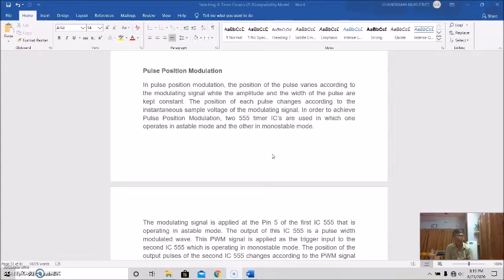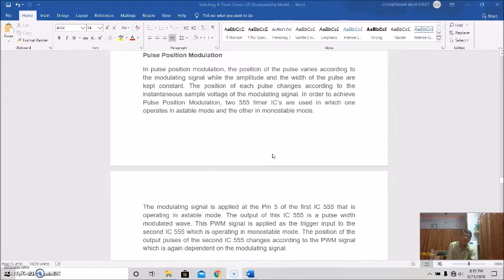Only in monostable, in case of op-amp, we will be using a 555 timer. With this basic idea, we can discuss pulse position modulation using two 555 timers, one used as Astable and another as monostable.